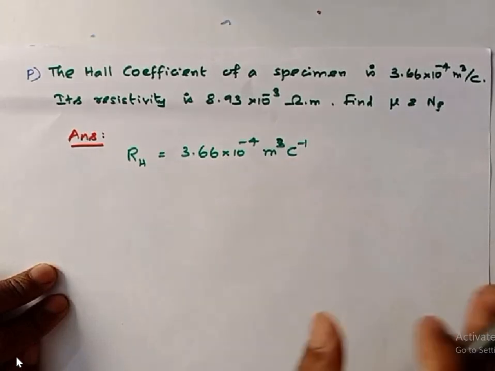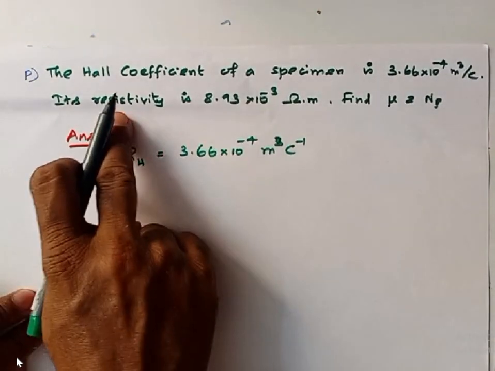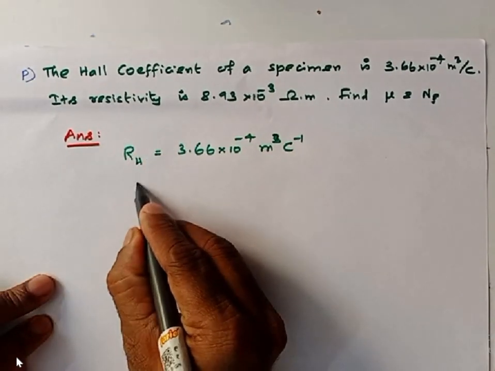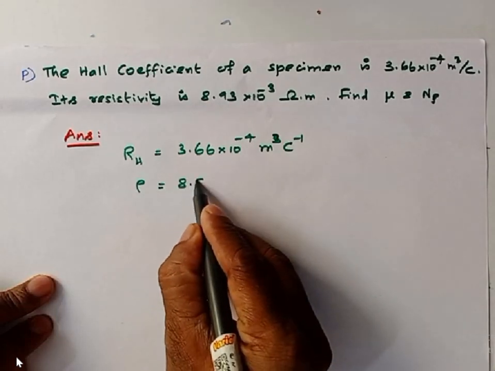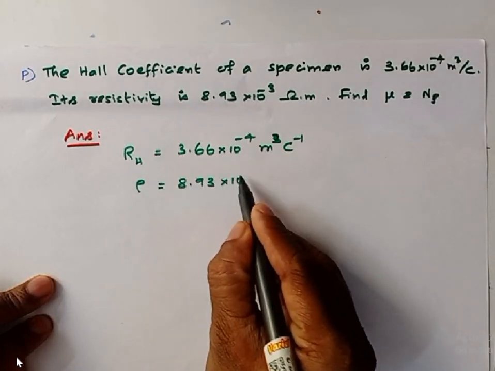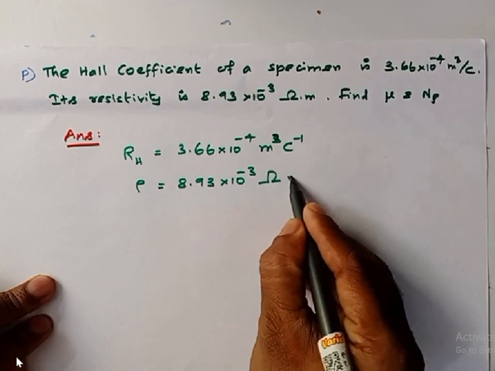So it is given in SI unit directly. Then the resistivity of the material is given. Resistivity rho is equal to 8.93 into 10 to the power minus 3 ohm meters.